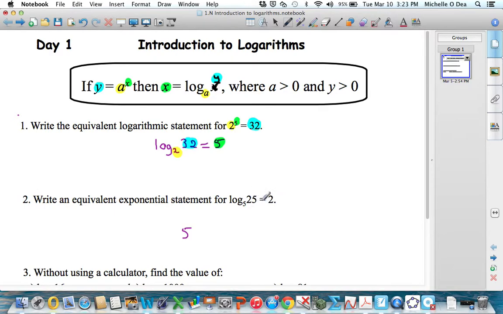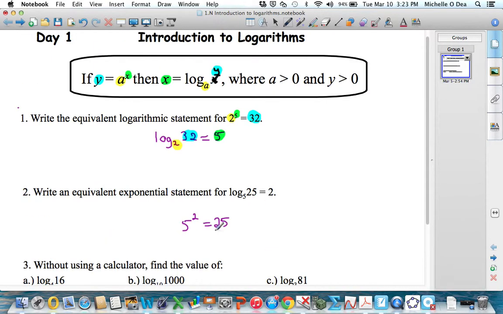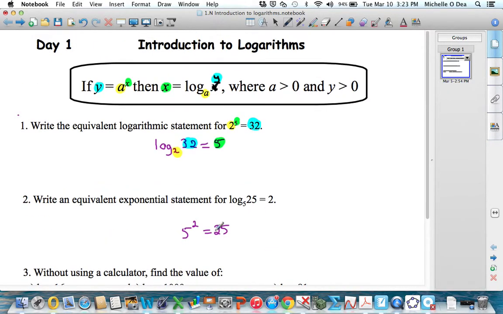So now the 2, the answer of the log, is going to be the power of the exponential, and what we took the log of becomes the answer of the exponential. Again, we know that's a true statement: 5 squared equals 25. Remember, all we're doing here is just rewriting it. It's just an equivalent statement.